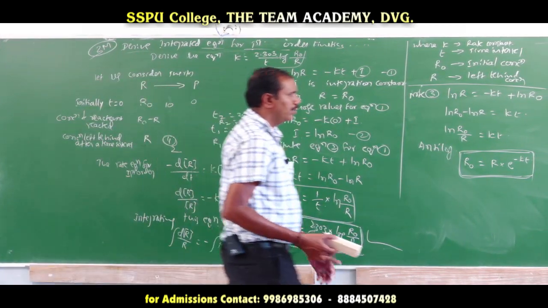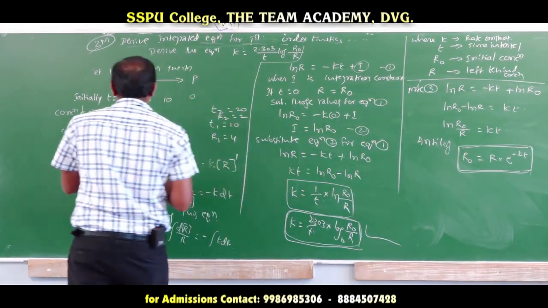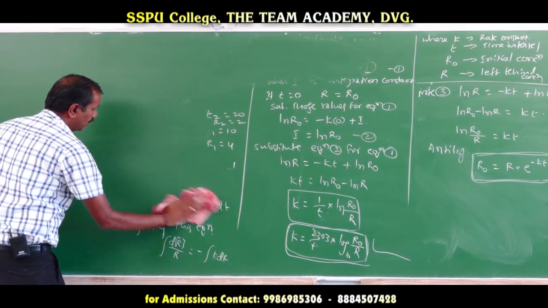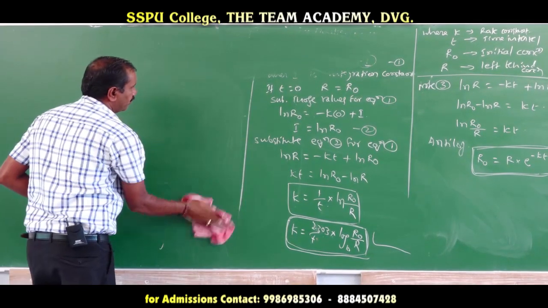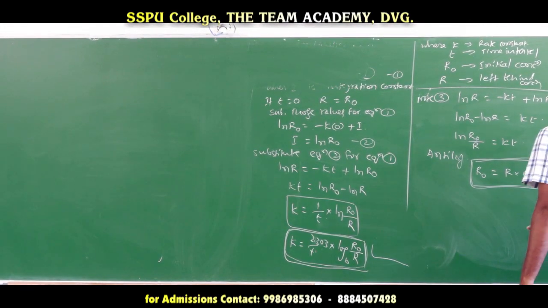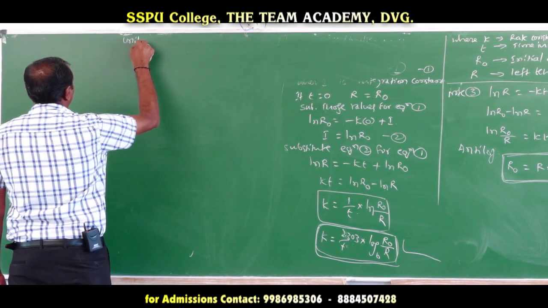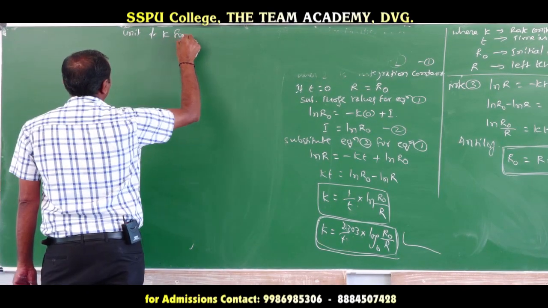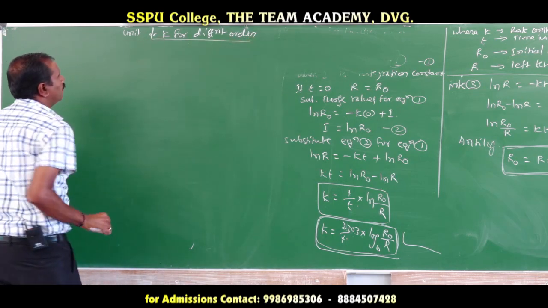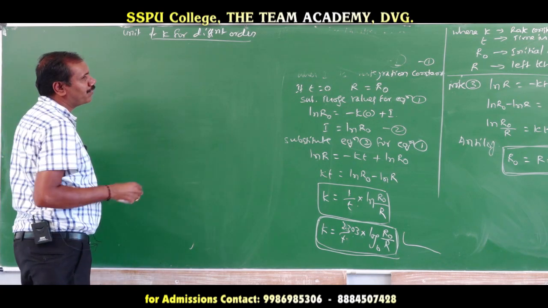Now, we will go for what is meant by the half-life of first order and zero order kinetics. Before that, we will go for the unit of k for different orders. How to derive the unit of k?